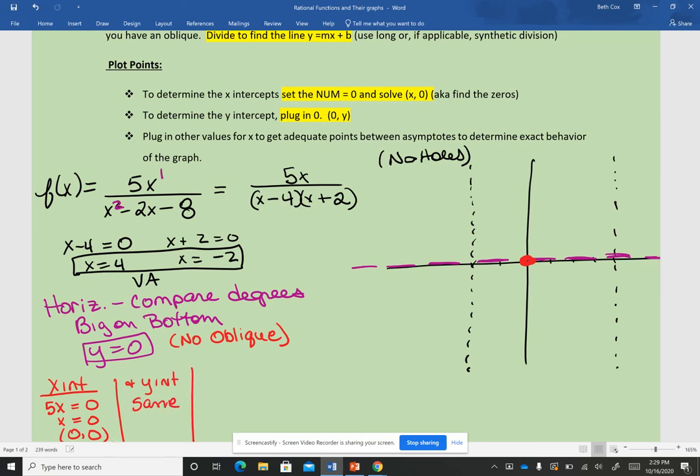So now I've got to plug in some numbers. Plug in other values between the asymptotes. Okay, so remember this is 4 and this is -2. So I might do f of +2 and see what I get.